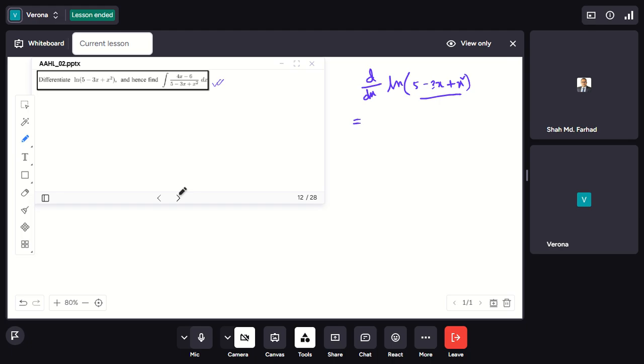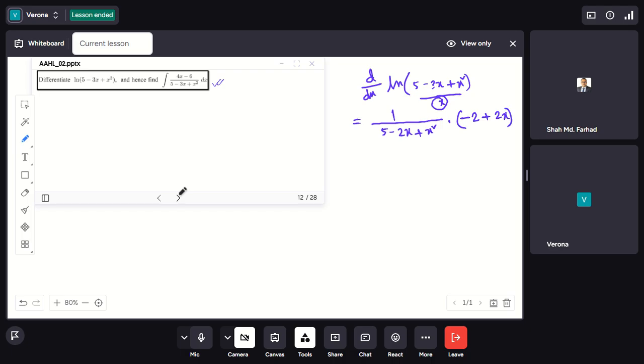The derivative of ln x is 1 over x, right? So it will be 1 over 5 minus 2x plus x square. Then again we have to differentiate 5 minus 2x plus x square, multiplied by it. So it will be negative 2 plus 2x.